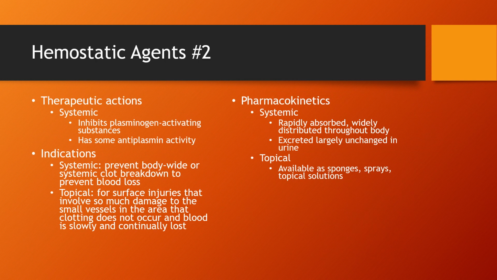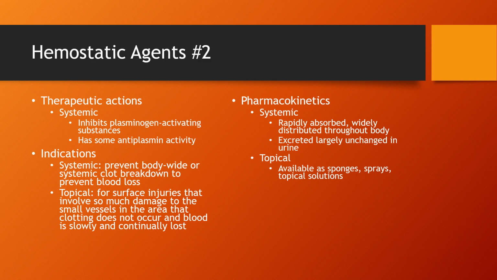Therapeutic actions for systemic is going to inhibit plasminogen activating substances. It's indicated to prevent body-wide or systemic clot breakdown to prevent blood loss. And topically, we're going to use this for surface injuries that involve so much damage to the small vessel area that clotting cannot occur. Or we have slow bleeding, so we have continuous blood loss.